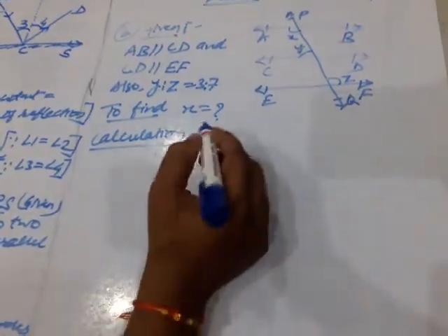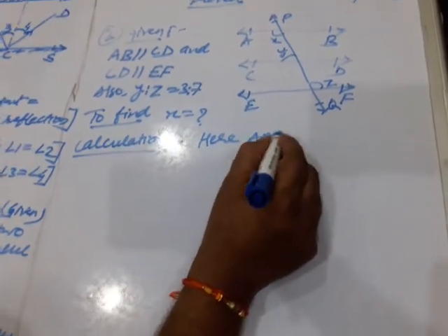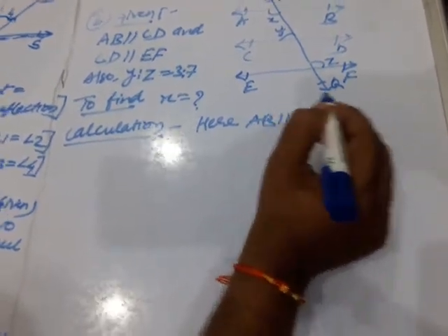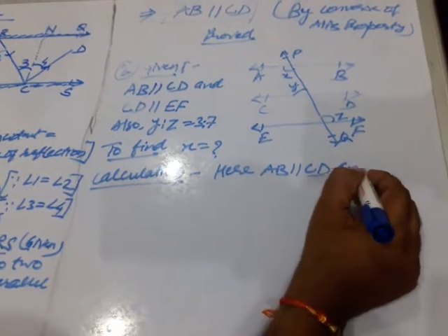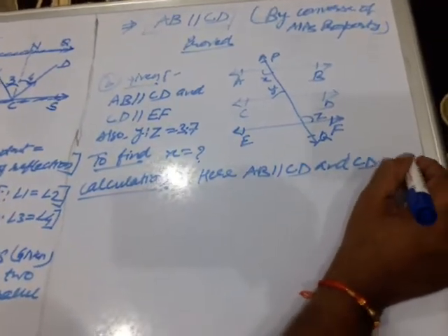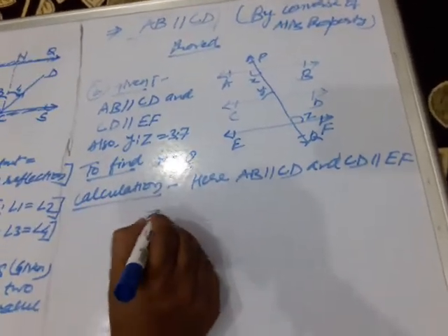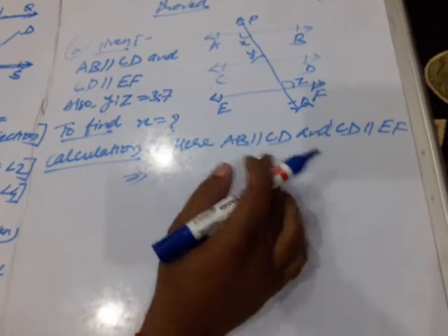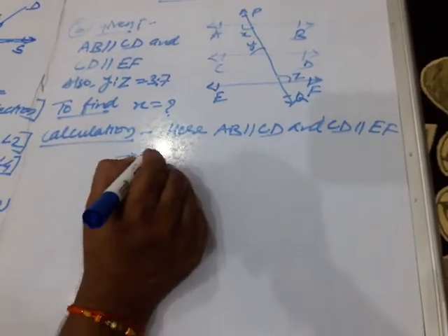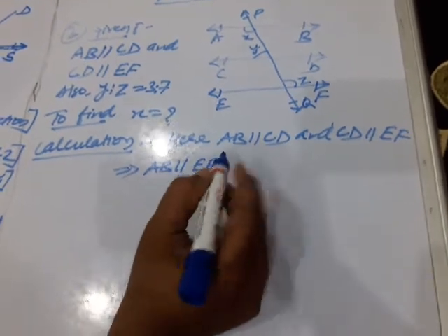Let us start. Calculate. AB is parallel to CD and CD is parallel to EF. This implies that AB is parallel to EF. Why?